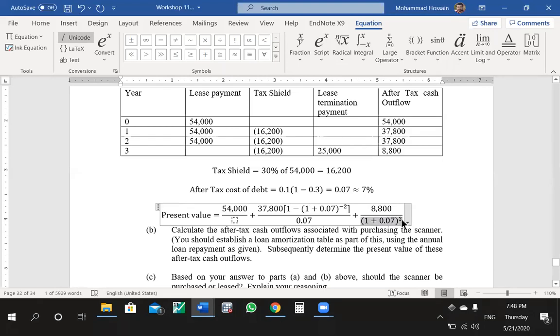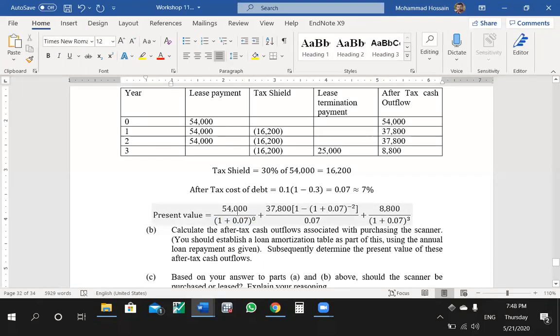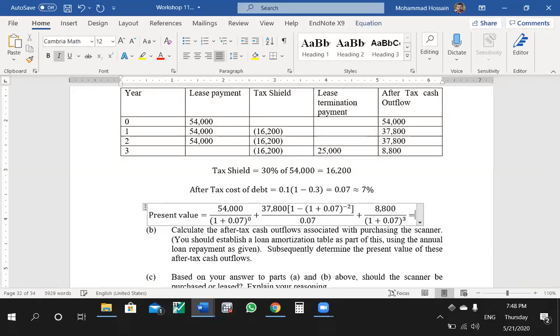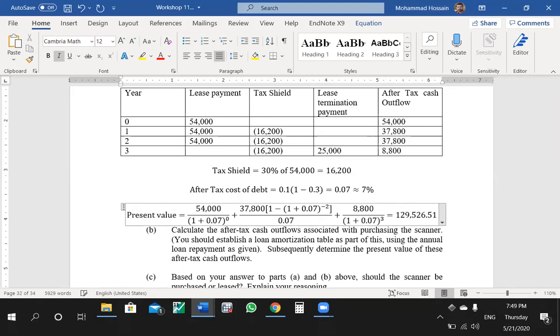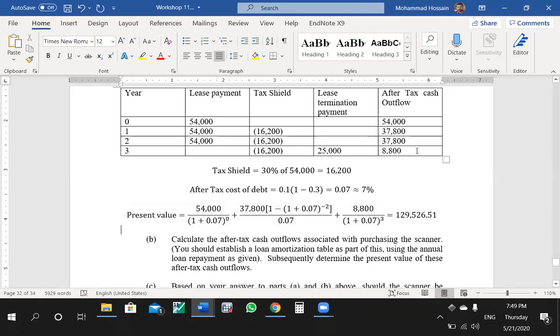This is just the third year, and the first one is year 0. Anything to the power 0 is equal to 1. That's how I get 54,000, nothing else. Okay, this is our present value analysis, and all of them together will be equal to 129,526.51. So this is the present value of the money, all of it outgoing.